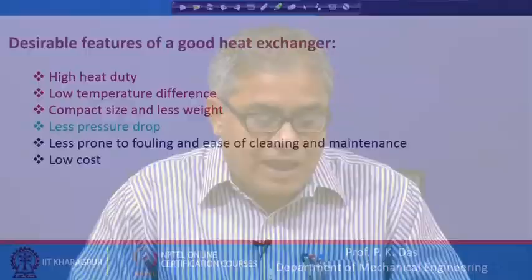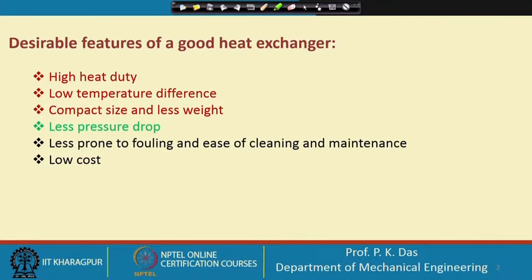So, we have to also see that the pressure drop should be low, and up to this I have given a different color, because somewhere in the course we are going on mentioning that we will look into the thermal hydraulic aspects of heat exchanger, may not be the other design aspects, other manufacturability aspects. So, these 4 points are very important for us.